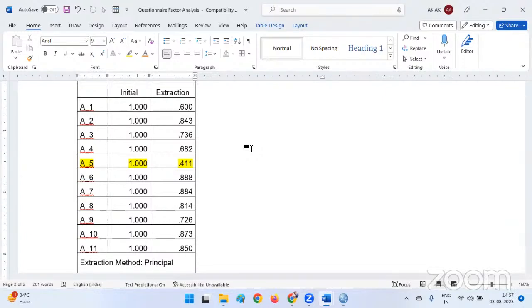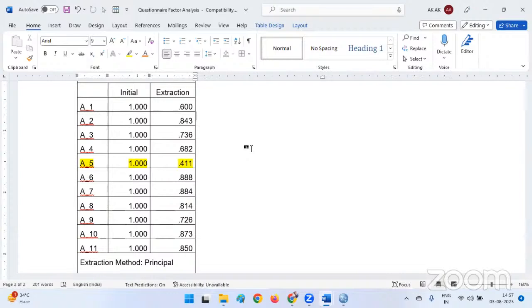So we should take care of it, that if it is 0.5, then we should be happy enough. But if it is below 0.5, we may drop. See, in exploratory factor analysis, the biggest benefit is you can drop the statement.